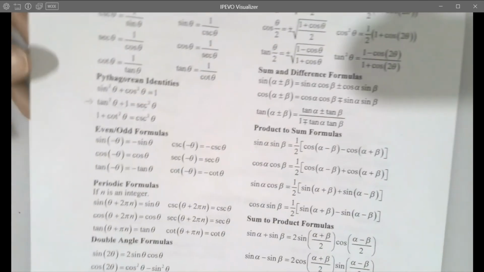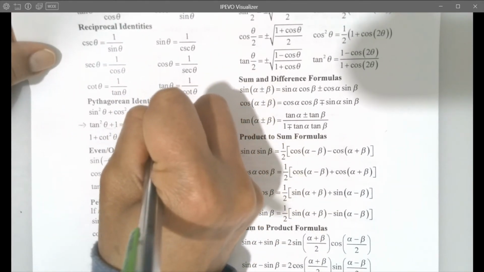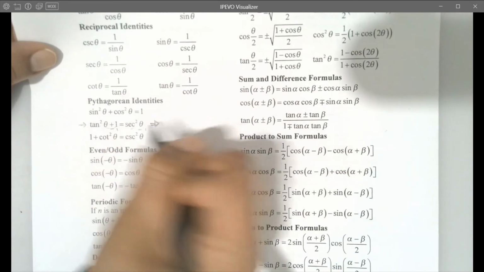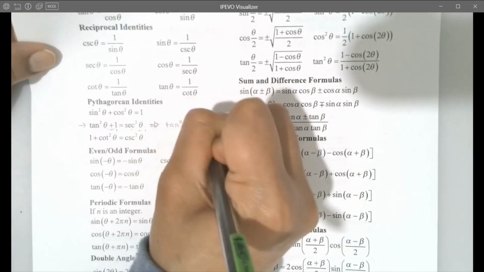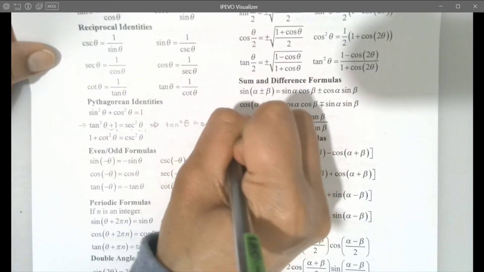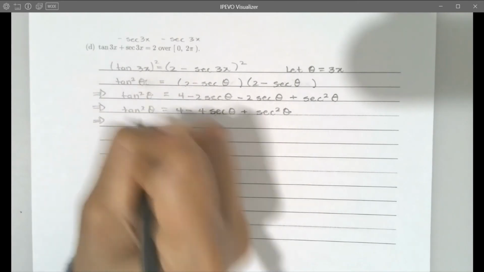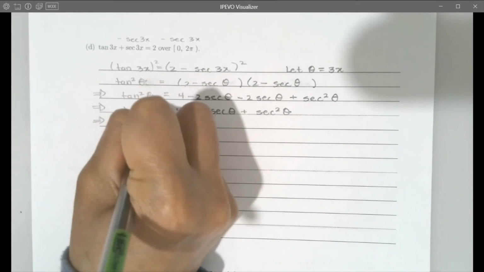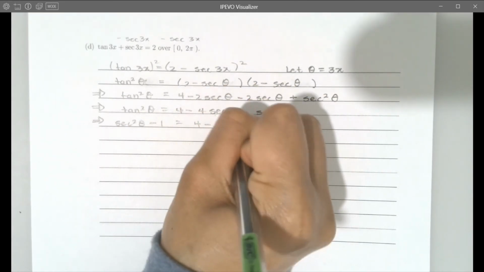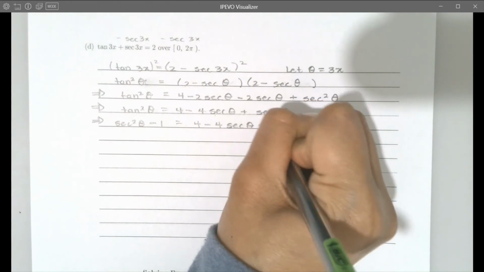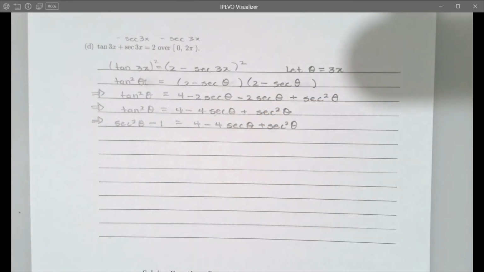And I'm going to do so by first solving for tangent squared here in the Pythagorean identity, which means I need to be subtracting 1 from both sides. And we'll get that tangent squared theta is equal to secant squared theta minus 1. So I'll replace that into here. This is secant squared theta minus 1 is equal to 4 minus 4 secant theta plus secant squared theta. Okay, and I'll write justification here.